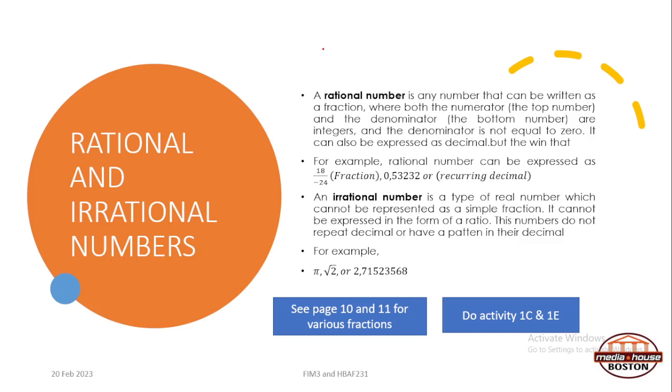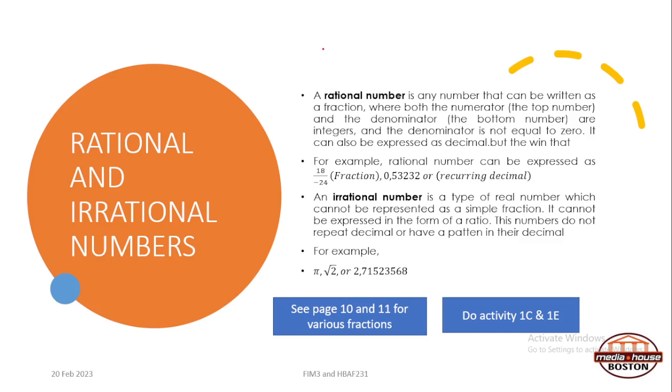It says here that a rational number is any number that can be written as a fraction, where both the numerator, the top number, and the denominator, the bottom number, are integers, and the denominator is not equal to 0. If you divide any number by 0, the answer is an error. So if we're talking about rational numbers, your denominator is not supposed to be 0.